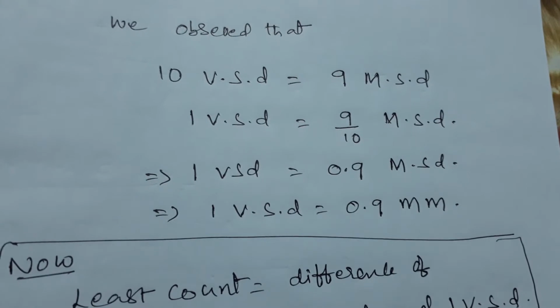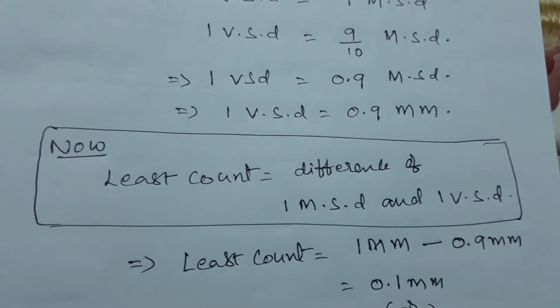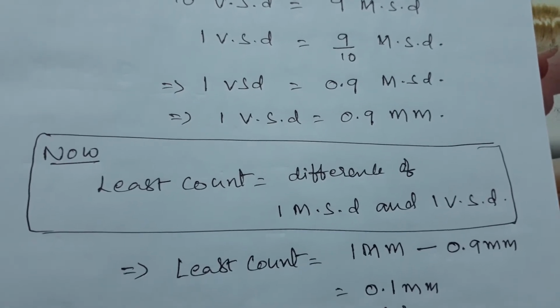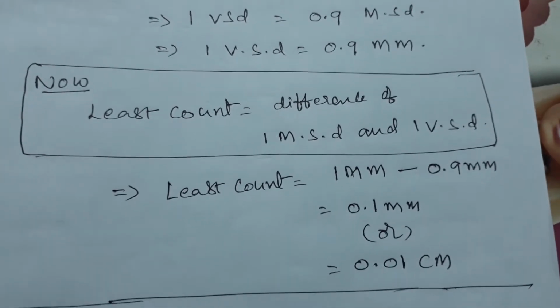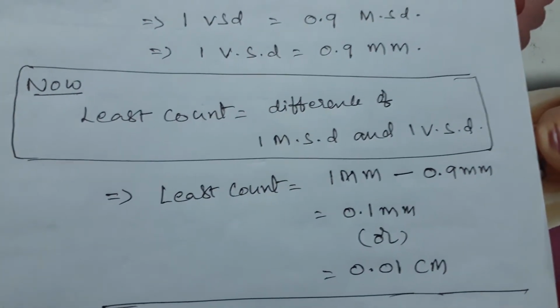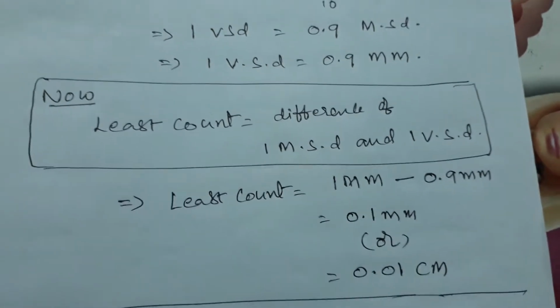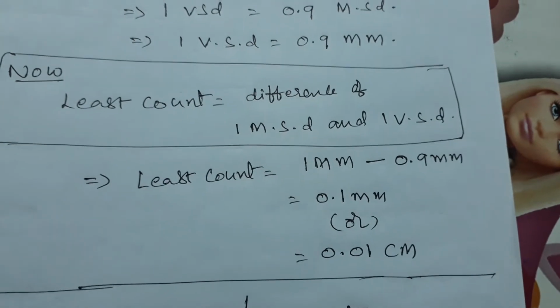Up to here we have learned. Now, what is the least count? Least count is the difference between one main scale division and one Vernier scale division. Each main scale division is equal to 1 millimeter, and one Vernier scale division is equal to 0.9 millimeters.